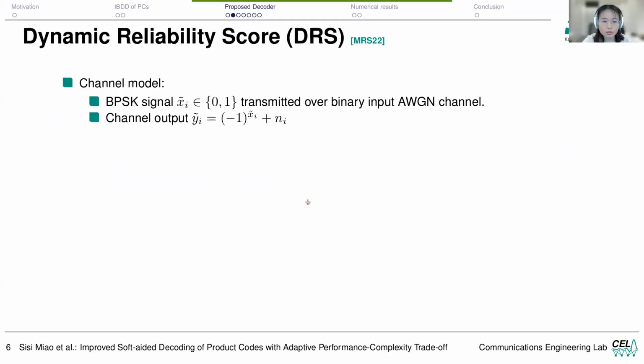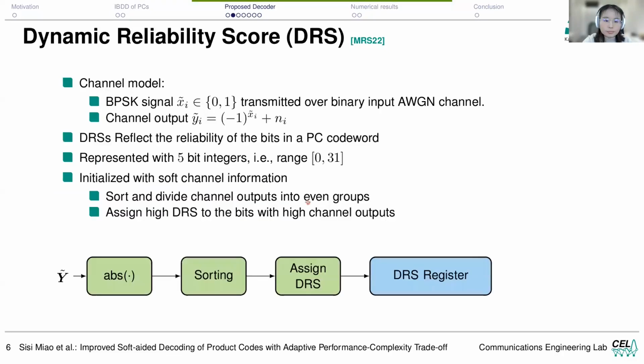So first, we look at DRS. We consider the simple BPSK signal transmitted over binary-input AWGN channels, which means that the reliability of the bits is proportional to the absolute value of the received values. Based on this, we can initialize the DRS. The DRS are integer values represented with 5-bit integers here for easier implementation.